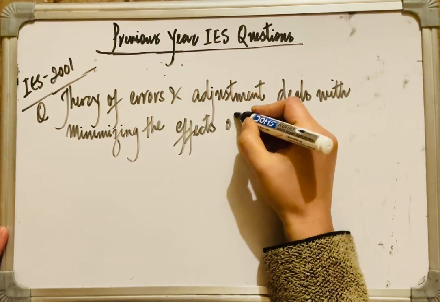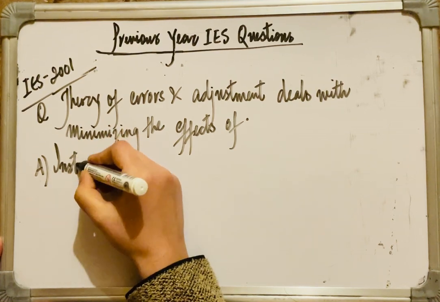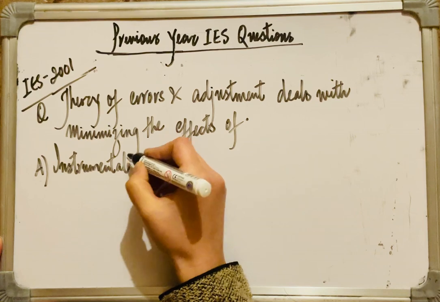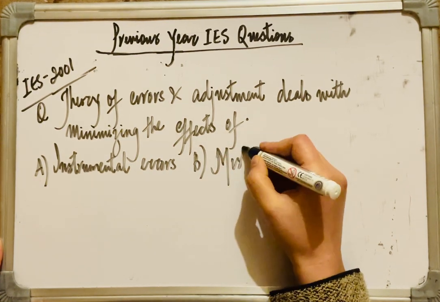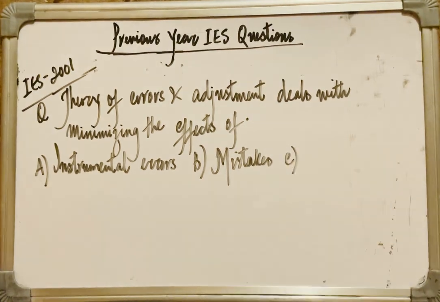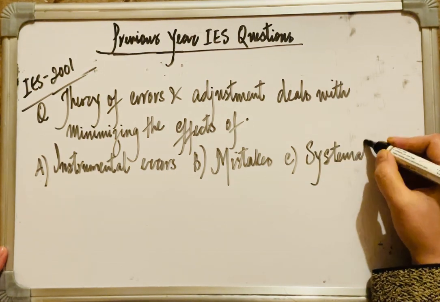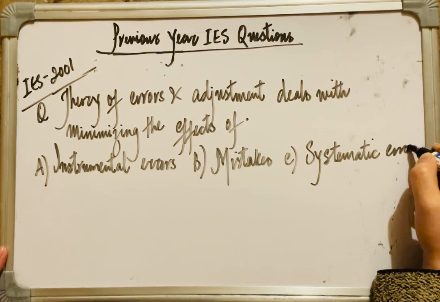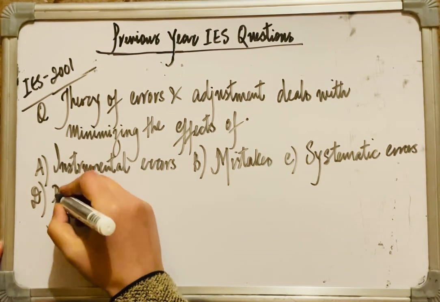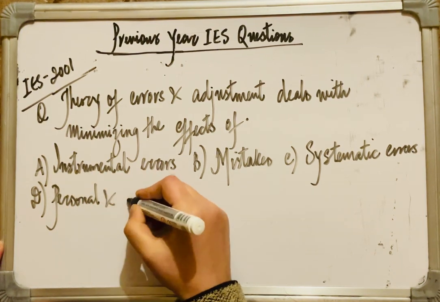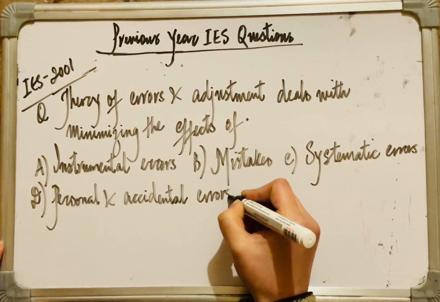option A, instrumental errors, option B, mistakes, option C, systematic errors, and option D, personal and accidental errors.